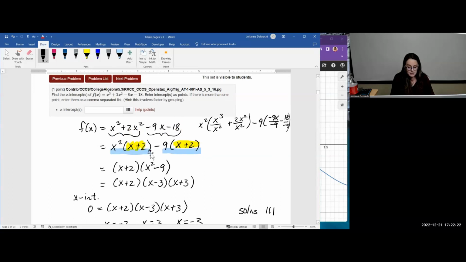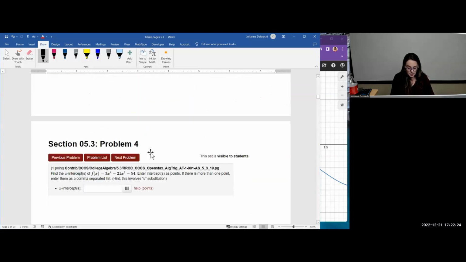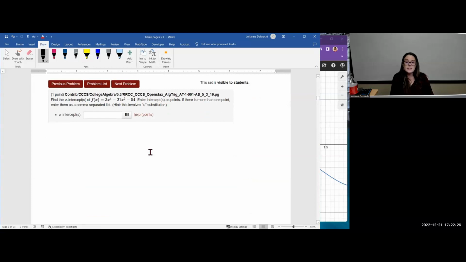Now let's go ahead and take a look at the next problem. This one is what we call quadratic in form, which means it's not really quadratic. It is a 3-term polynomial, so it's like a trinomial, and it factors like a quadratic does.